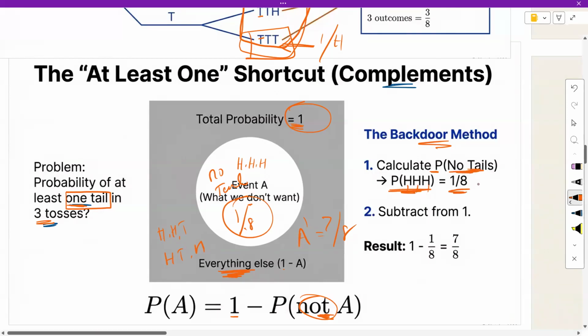So the probability is 1 over 8. Subtract from 1, it equals 7 over 8. A little confusing like this. So the probability of A equals 1 minus the probability of A complement.